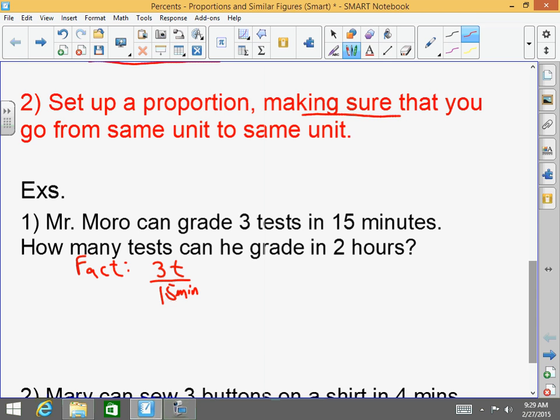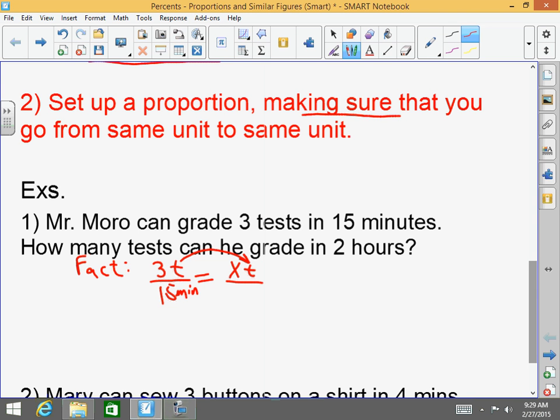All right. Now, I want to set up a proportion. I want to find the number of tests he can grade in 2 hours. Remember, unit to unit. So if I have 3 tests up here at the top, what do you think goes over on the top of the other ratio? X tests. So XT. Because remember, I want to go unit to unit, test to test.